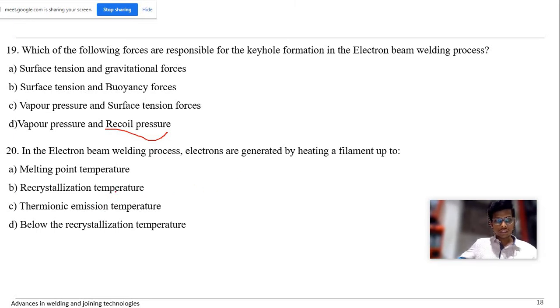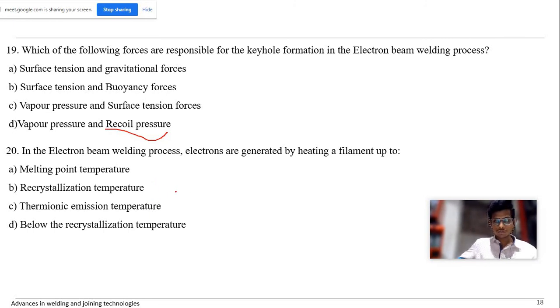If we heat the metal below the recrystallization temperature and work on it, by forming, extrusion, or forging, it is cold working.